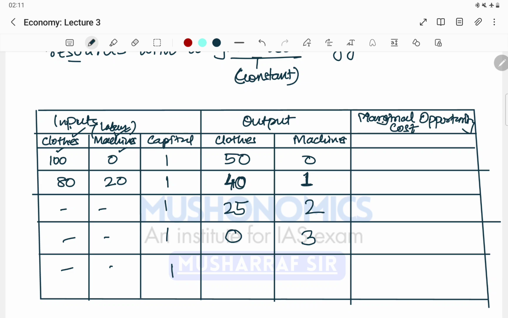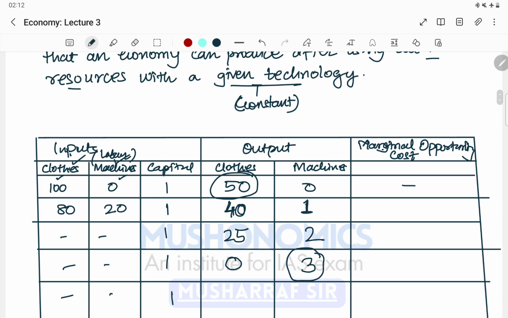So what has happened here is, when we are producing only clothes, we are producing 50 clothes. When we are producing only machine, no clothes, then we are able to produce 3 machines. Then what is marginal opportunity cost? Here we cannot calculate because we are not producing the second commodity.